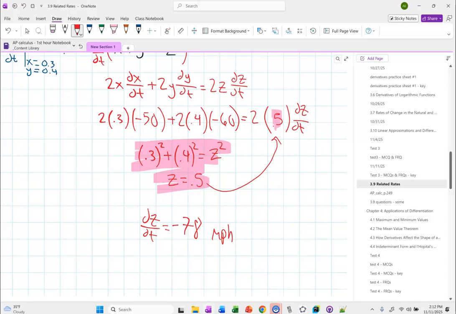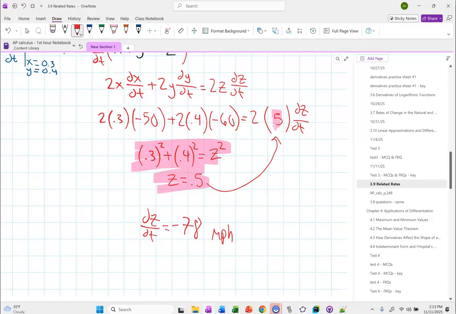Is anyone surprised that the value here is negative? No. Right? Why is it negative? The distance between the two cars is decreasing at every instant of time, which makes sense, or at this particular instant of time. Right? What particular instant are we working at?